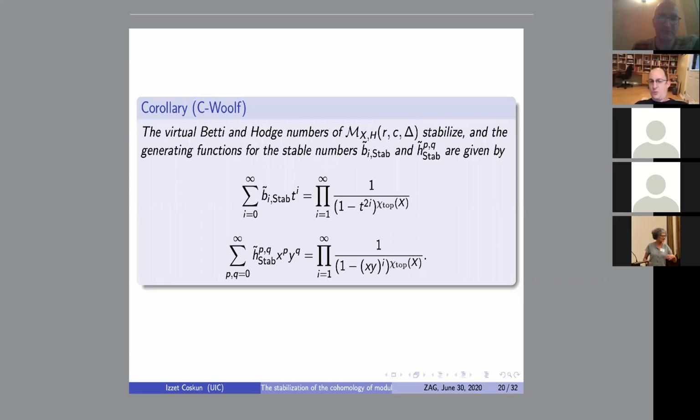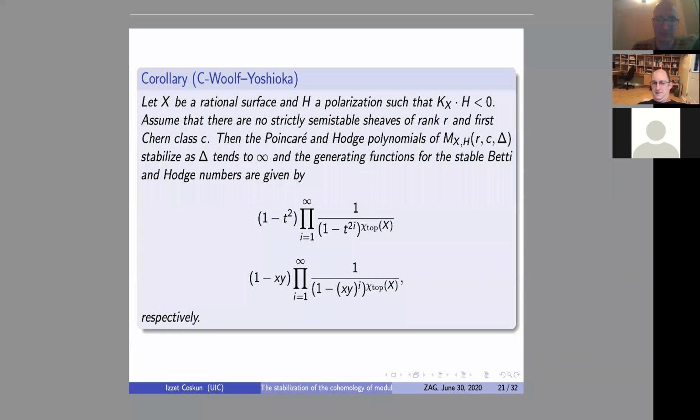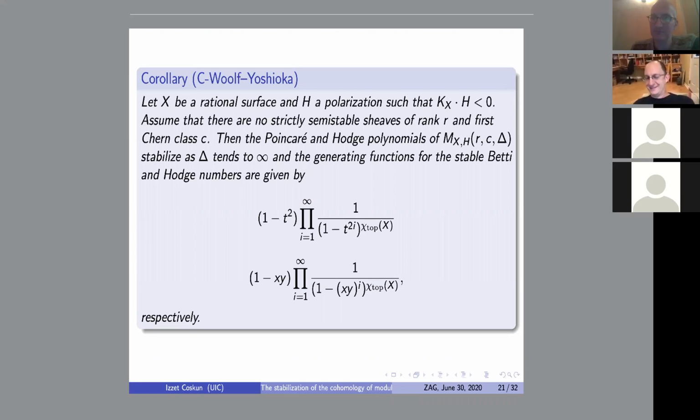And that's the formula that you get. The conjecture is that that should work no matter what the surface is. And the statements are that it really works for K3 surfaces and rational surfaces, if you make enough caveats.